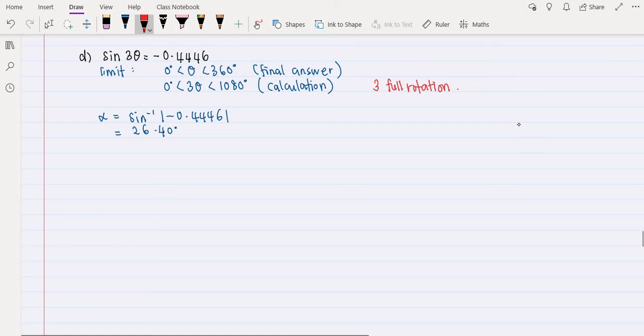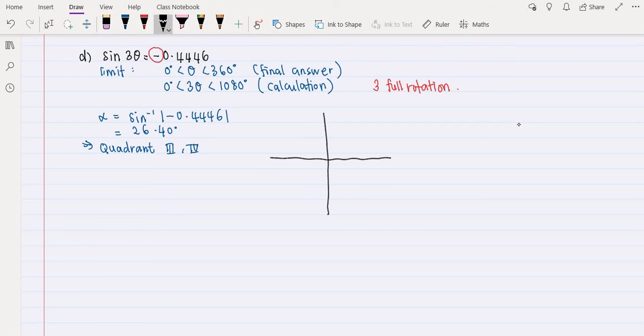Once we know this one, we just need to observe sine 3 theta gives us a negative value. That means it will be in quadrant 3 and quadrant 4 because sine is positive in the first two quadrants. So let's just draw our quadrants here, quadrant 3 and quadrant 4.